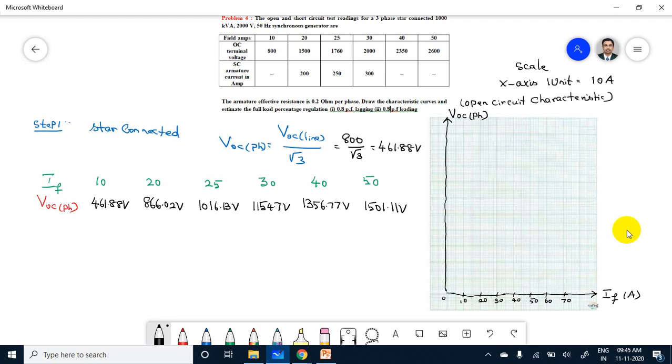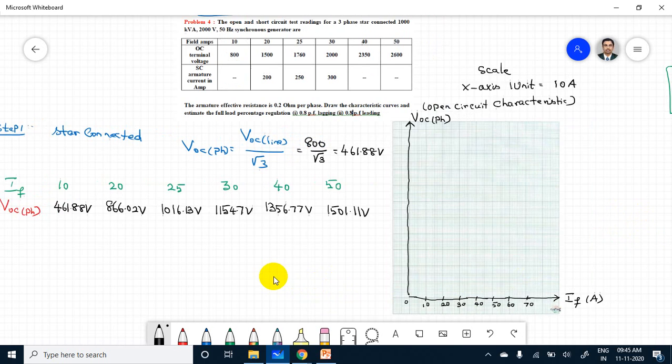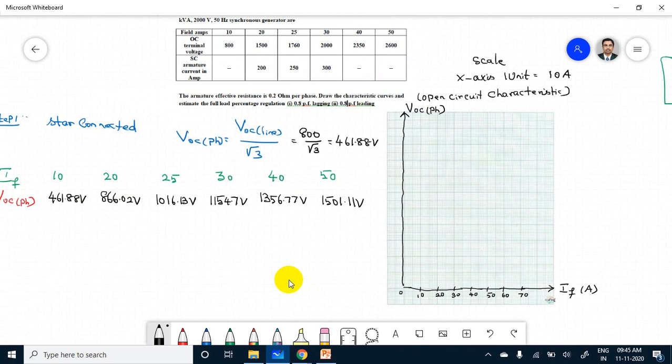This is the y-axis. So for the y-axis we have to set the scale. 1 unit equal to, I'm setting 200 volt for this VOC phase.